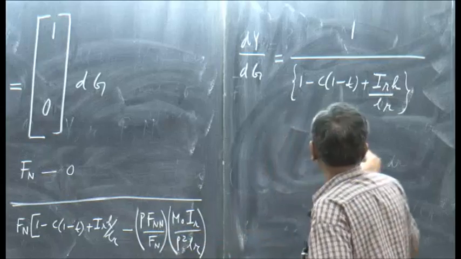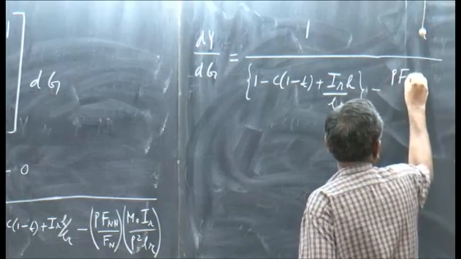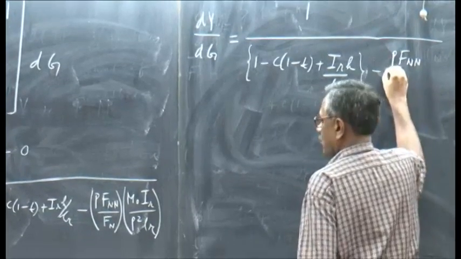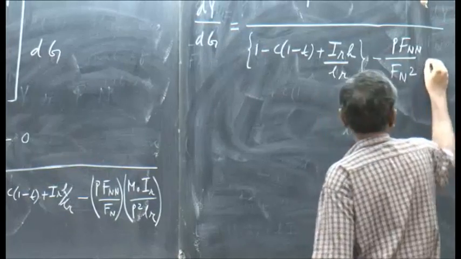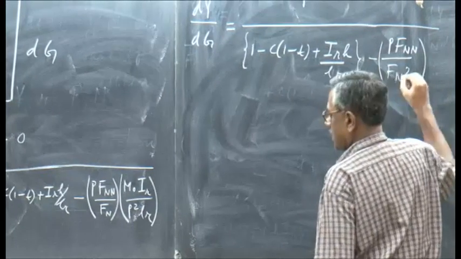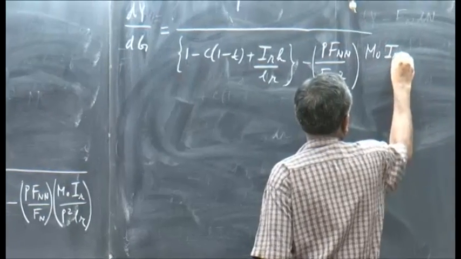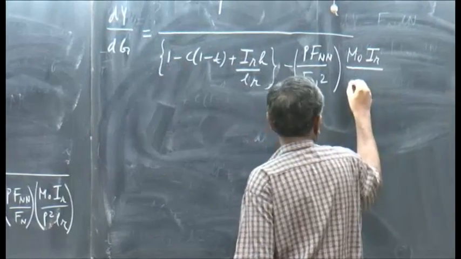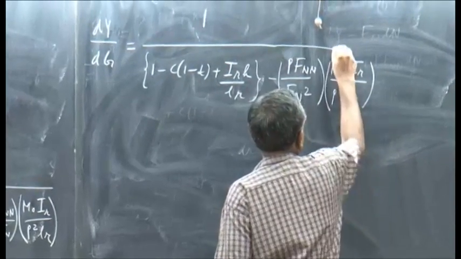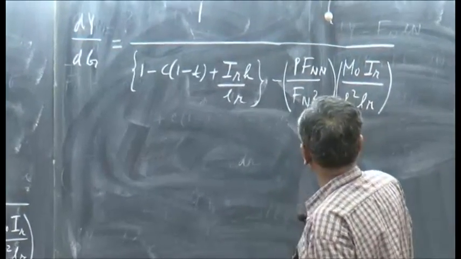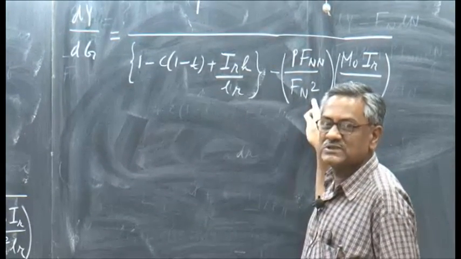And here minus Pfnn over Fn square into m naught IR divided by P square LR. Now you can see one thing here, Pfnn over Fn square, what was that?